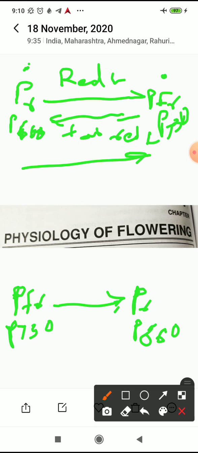PFR form of phytochrome shows another type of conversion. PFR spontaneously becomes converted into PR in dark, which is called dark conversion.